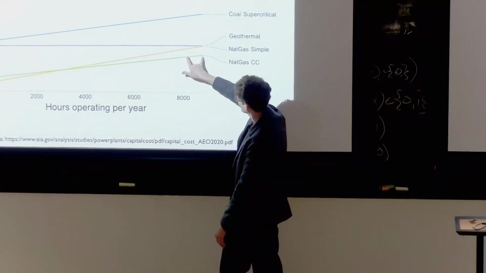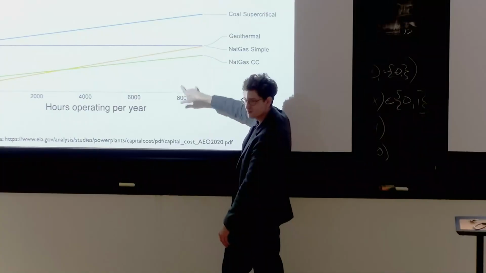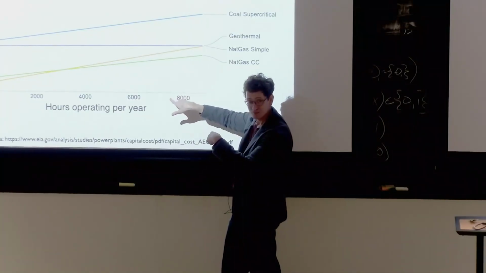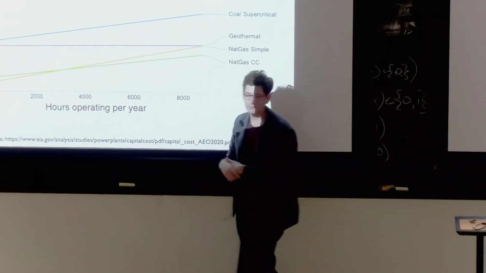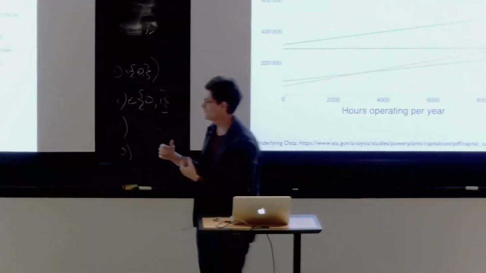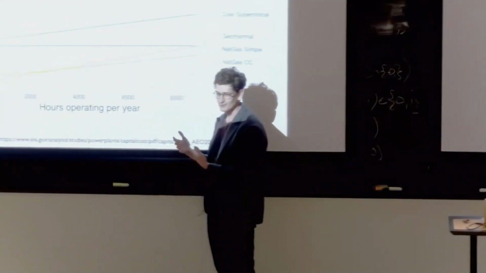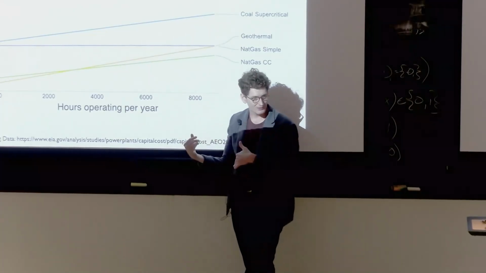And for some small amount of capacity that is running all of the time, what we call baseload, we would be using geothermal. That would be the optimal baseload generator. But this is not telling us anything about how much of each of these technologies we should build. This is just telling us which technology to build given a certain capacity factor.